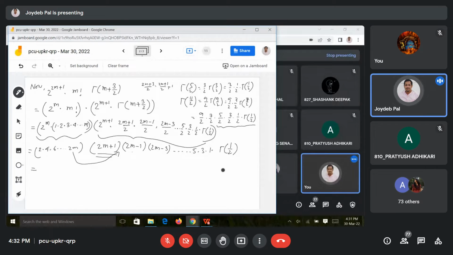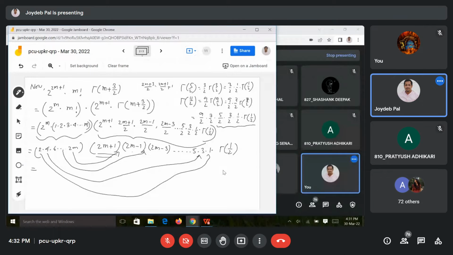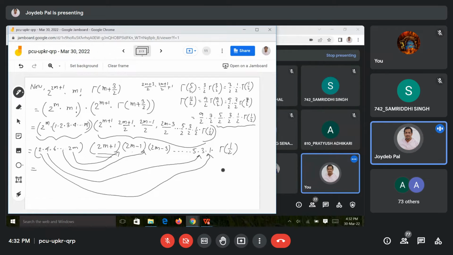Then the next term will be 2m minus 2, and it comes from here. In that way, in between 5 and 3, 4 will be there. Then in between 3 and 1, 2 will be there. Right? So you can arrange these overall things in ascending or descending order.